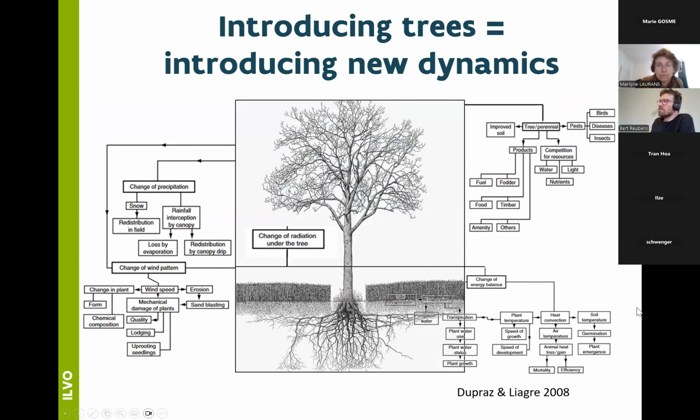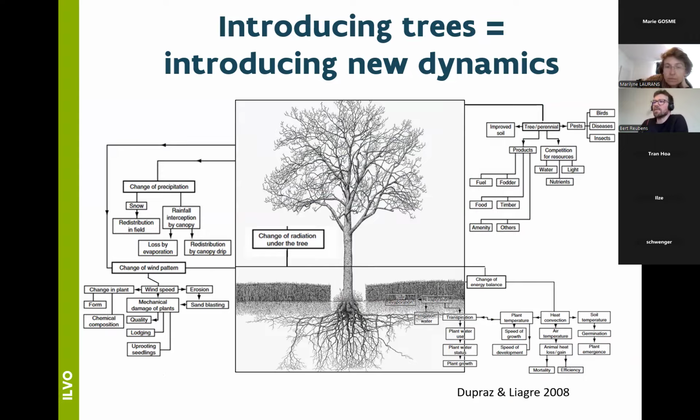So when introducing trees into an agricultural system, and that's what we do in agroforestry systems, you also introduce a lot of new dynamics. The trees themselves need to fit into the system where you position them, but they will also trigger changes in microclimate, like changes in wind dynamics, changes in rainfall distribution patterns, changes in light availability.